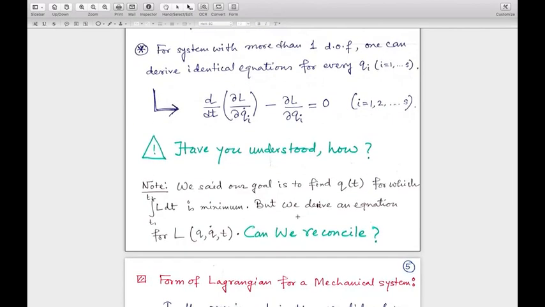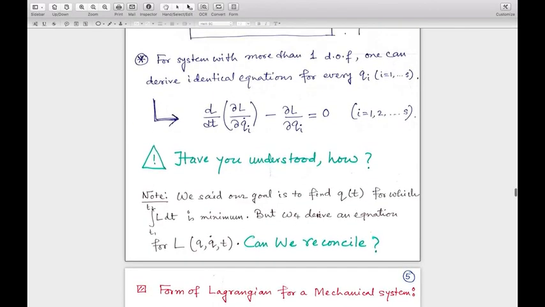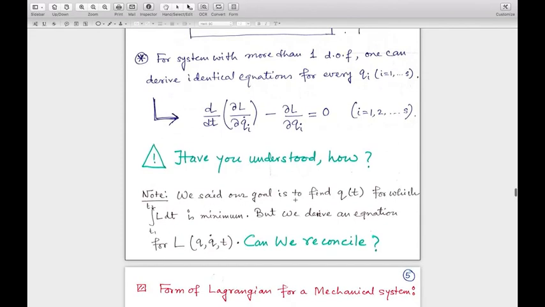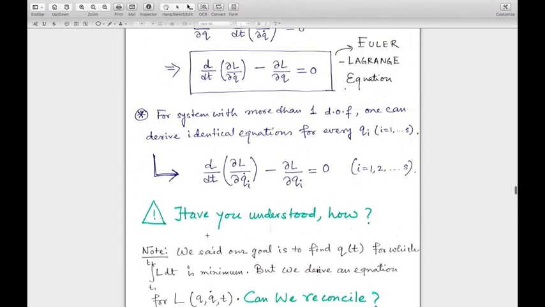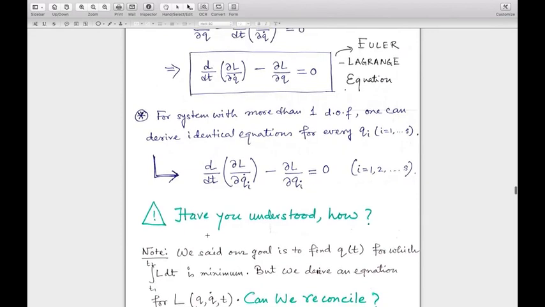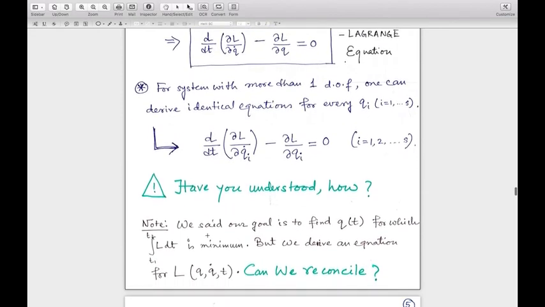Okay. The last comment on that is, we said previously our goal is to find q as a function of t, for which this is minimum, but we derived one condition for L only. So are we done? The answer is yes, we are done.